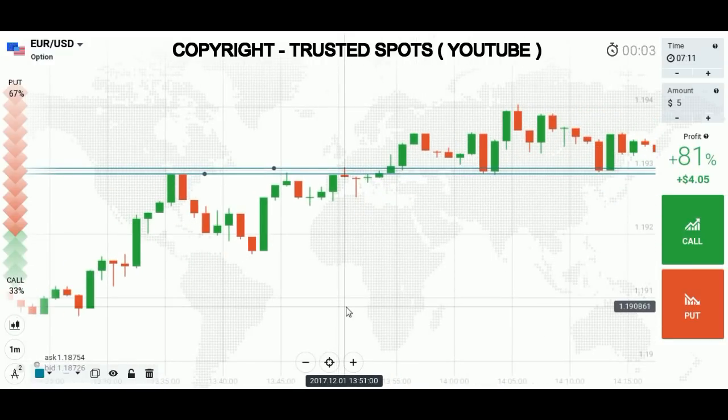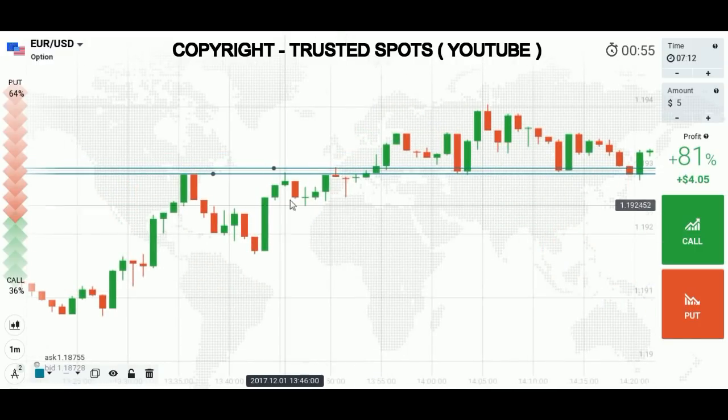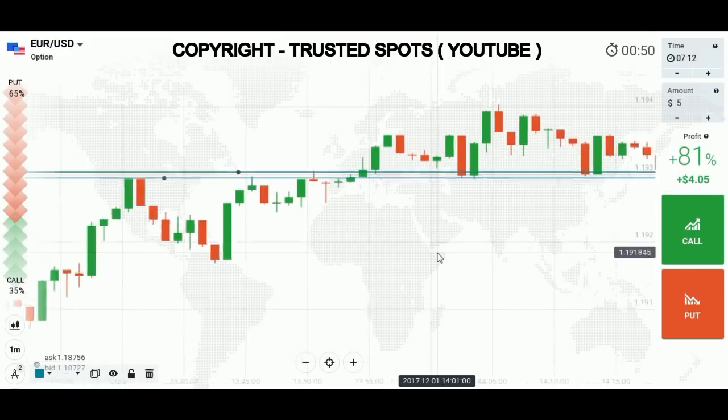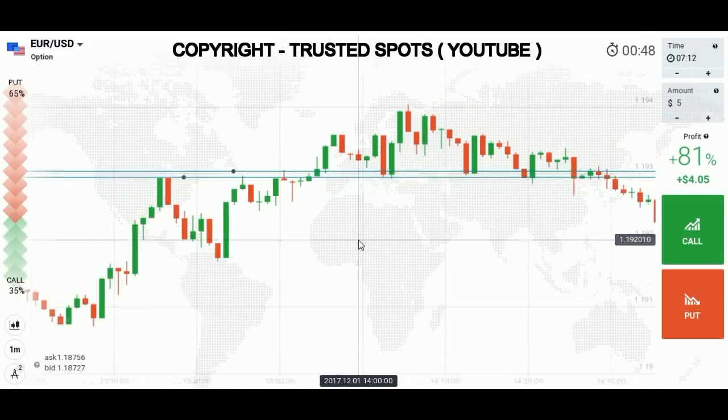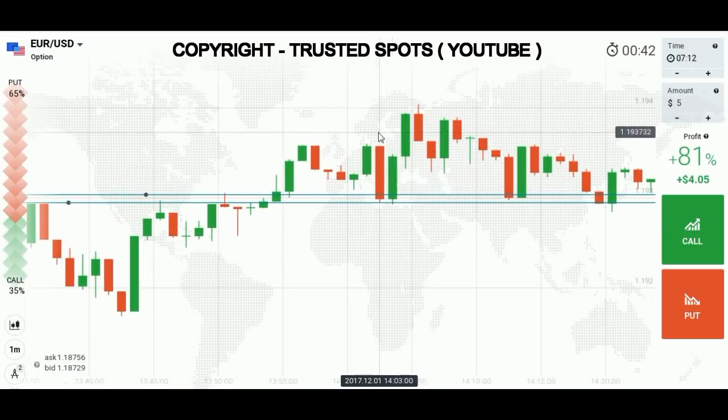But it might not work for us. And why? Because there are chances that not so many people have seen this area as a support for now. So for you, this is a support, but you need to find the evidence. So the evidence is here.